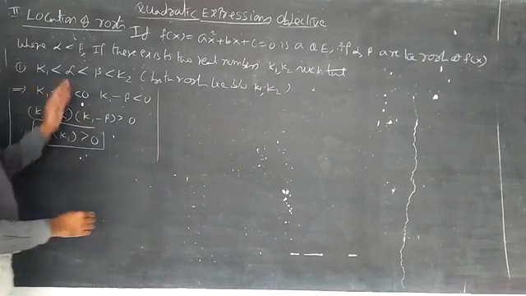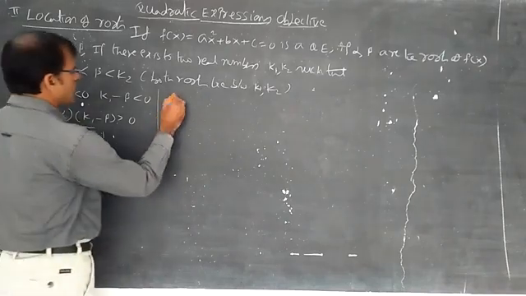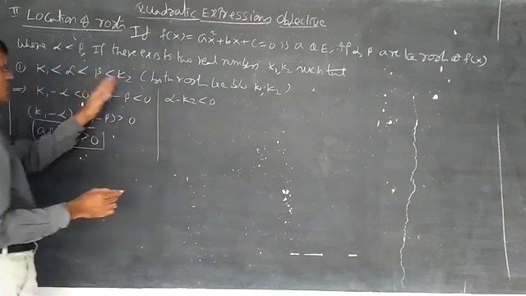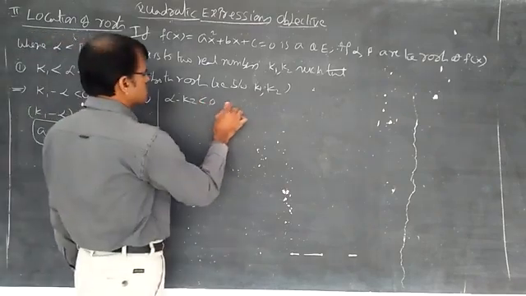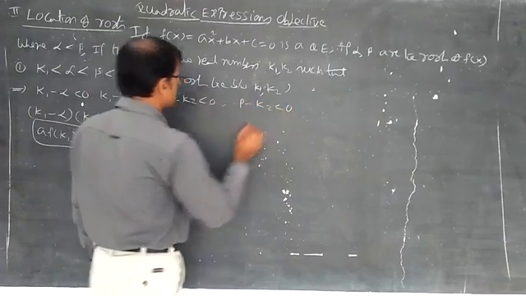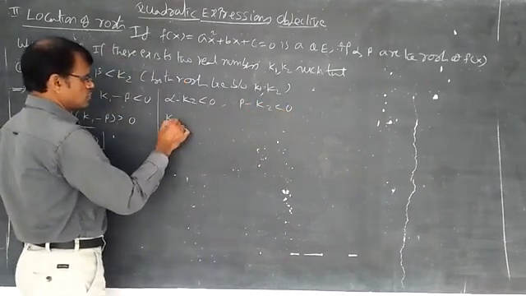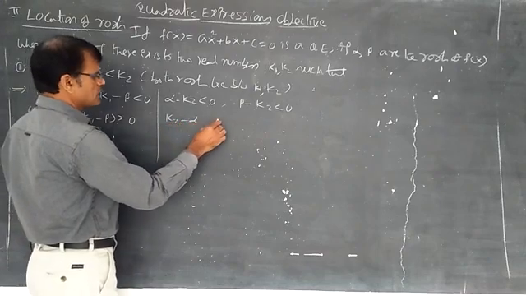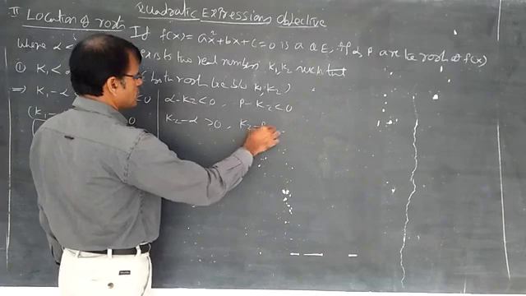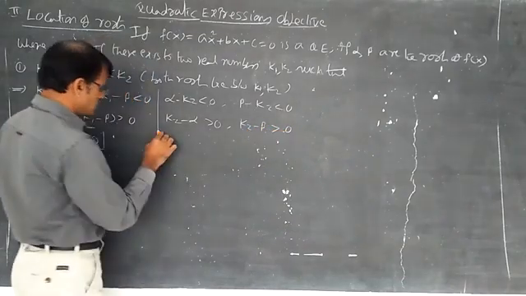Next, for k2, alpha minus k2 is less than 0 and beta minus k2 is also less than 0. So k2 minus alpha is greater than 0 and k2 minus beta is also greater than 0.